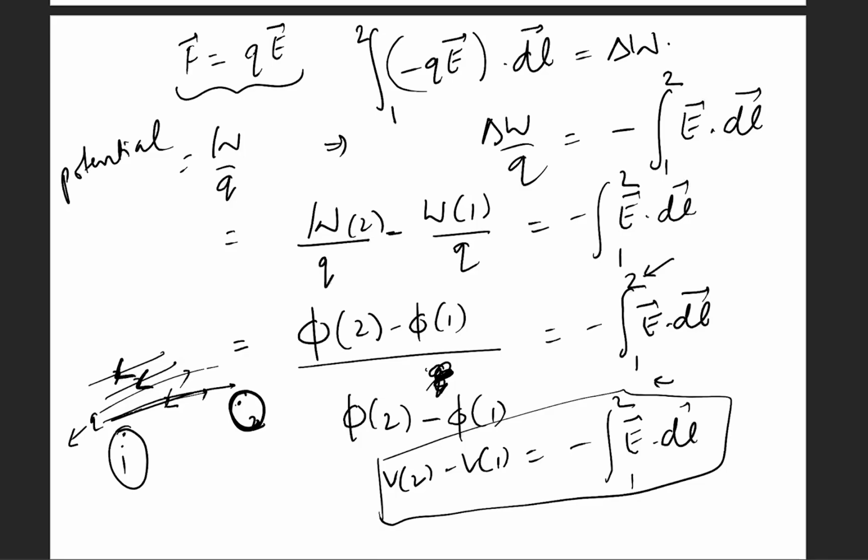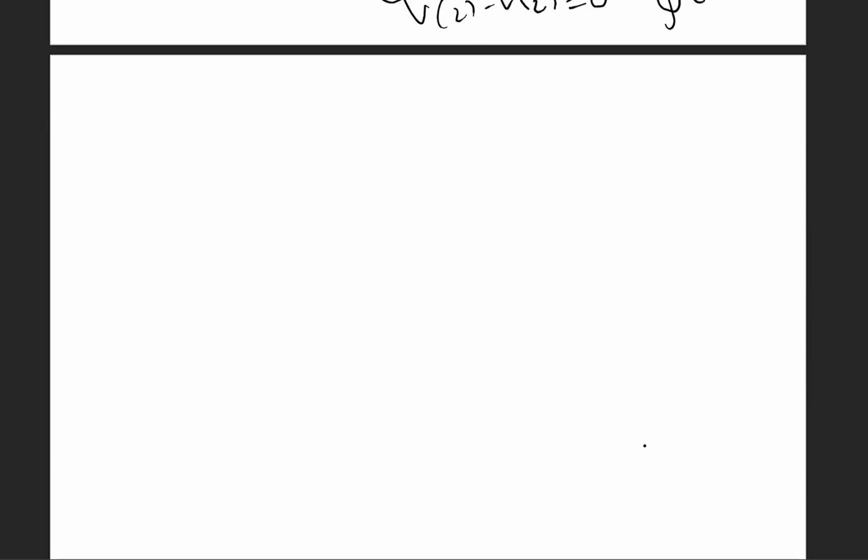Okay, now what happens if point 1 and 2 are the same? Let us say we make a completely closed loop, so it will be V2 minus V2, which equals 0, and this is a closed loop. So as we have already seen earlier, this electric field is conservative in nature, that is, this closed loop line integral is 0, or we can say that del cross E is equal to 0 using Stokes theorem.